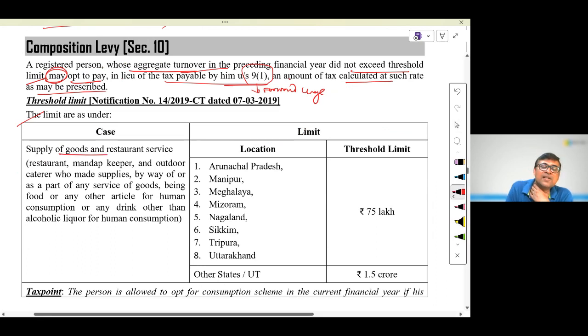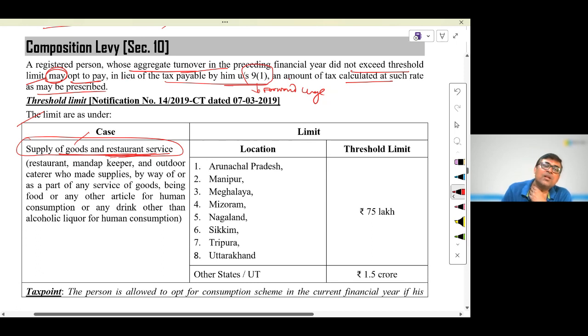Supply of goods and restaurant services. If you are a supplier of goods and restaurant services, that means you are supplying goods or you are providing restaurant services.